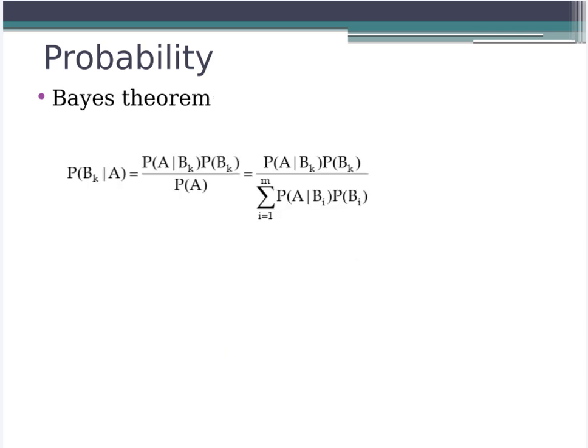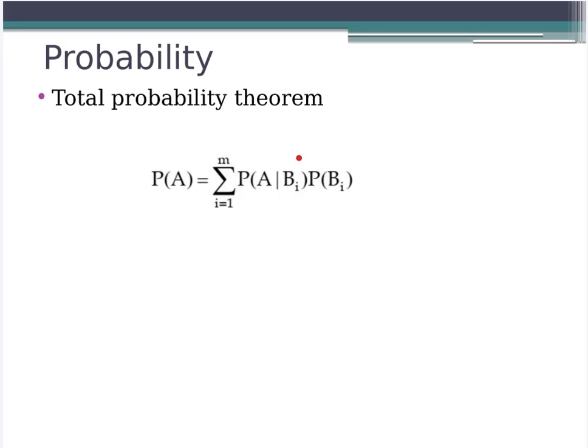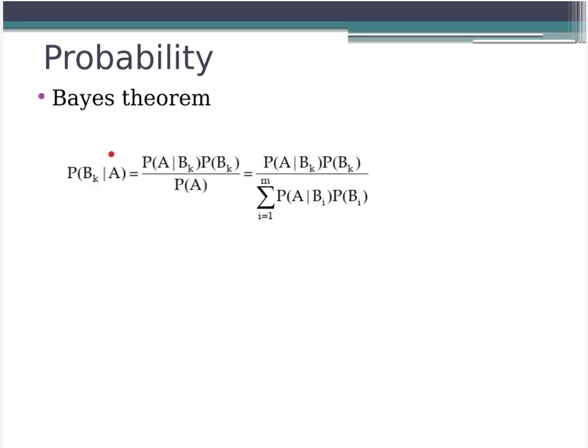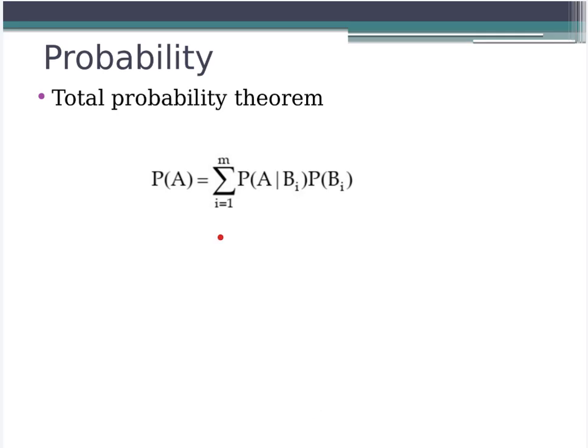And also we talk about the total probability theorem and Bayes' theorem. In total probability theorem, we have the probability of an event using the conditional probability of that event.